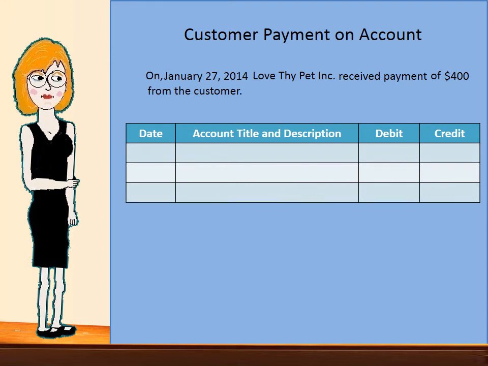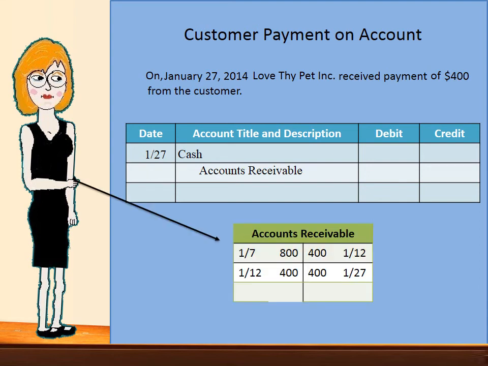Now, here's how we record it when they miss the discount period. So January 27th, 1/27, receive payment, so we'll do cash, and then we'll just credit accounts receivable. And as you can see, we have our accounts receivable T account here. On January 7th, we sold $800.